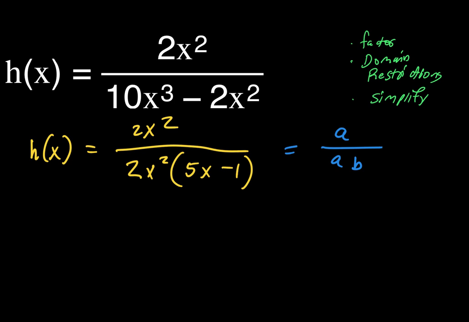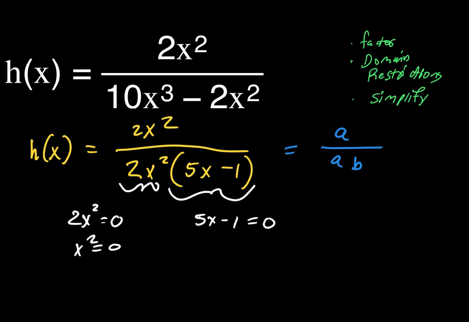But before I do that, I have to determine my domain restrictions. I have 2 things in the denominator that are being multiplied. So I'm going to set it up as 2 separate equations. 2x squared equals 0. 5x minus 1 equals 0. X squared equals 0.